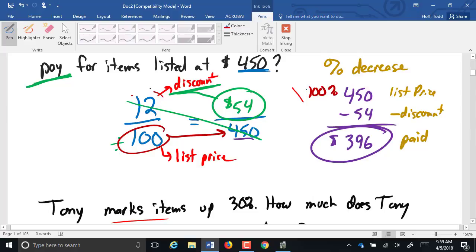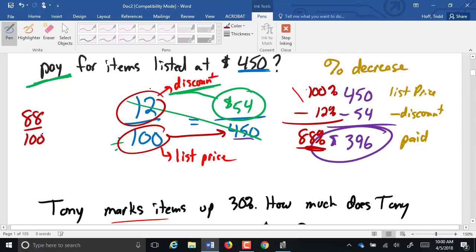The discount was 12%. If I subtract that, 100 minus 12 would be 88%. That 88% would have worked to calculate this. Instead of finding 12% and subtracting, I could have just found 88% of 450. Once I cross multiply and divide, I would have got $386.